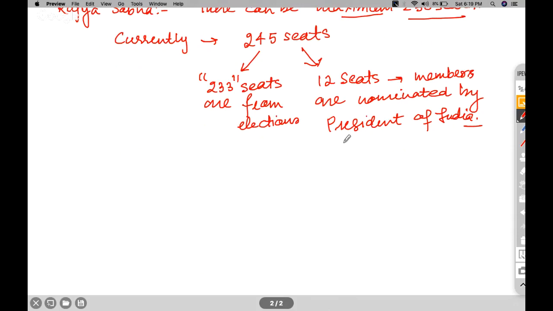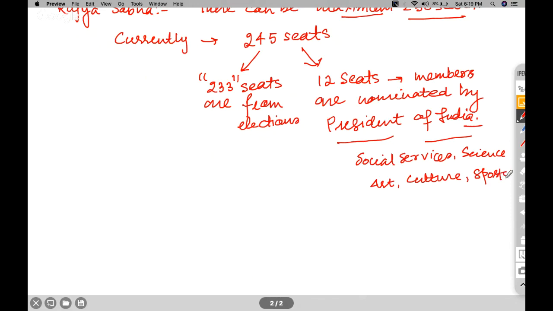The areas are social services, science, art, culture, and sports also has been added, because from 2012 to 2018, I think, Sachin Tendulkar was nominated in Rajya Sabha.